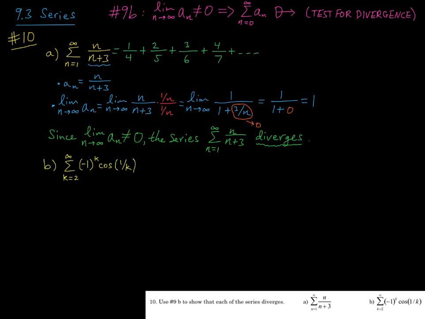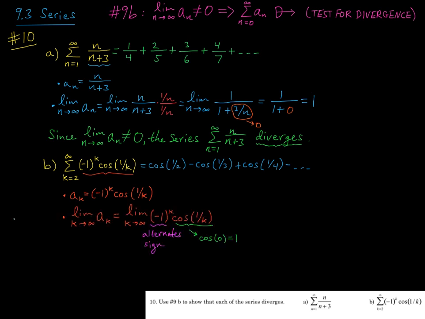We're looking at here the sum of negative 1 to the k times the cosine of 1 over k as we let k vary from 2 to infinity. So here's the first few terms: cosine of a half minus cosine of a third plus cosine of a fourth, so on and so forth. All right, so here a sub k is negative 1 to the k times the cosine of 1 over k.